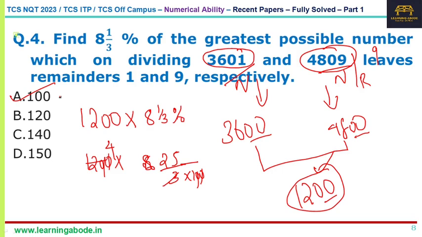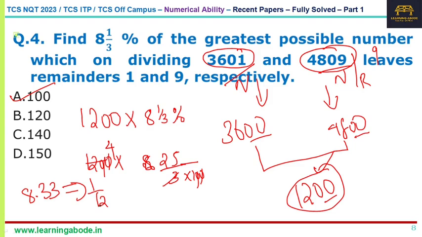It's a very small video, I've not solved many questions there, just explained the concept. Therein I discuss the popular fractions. So when I say 8.33, you should know it is 1/12.